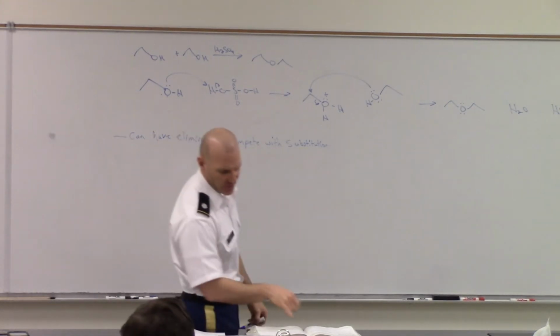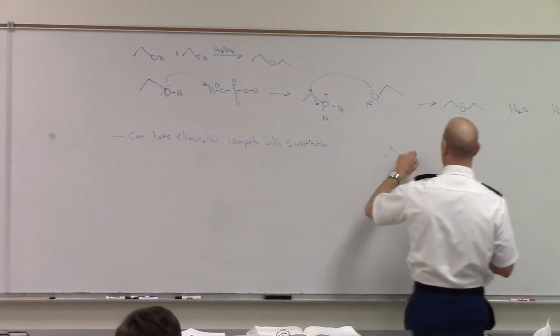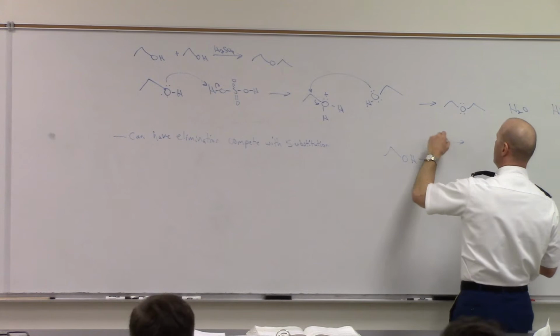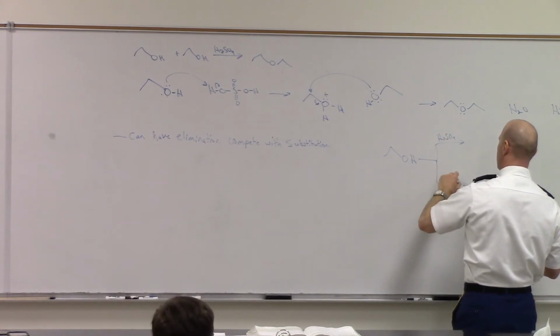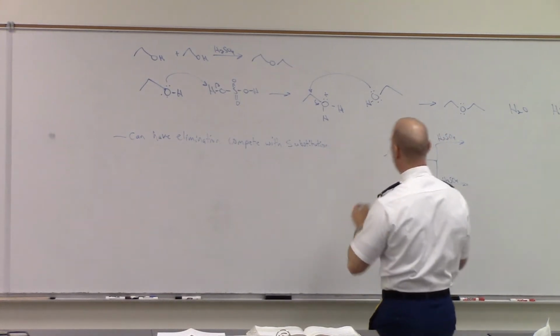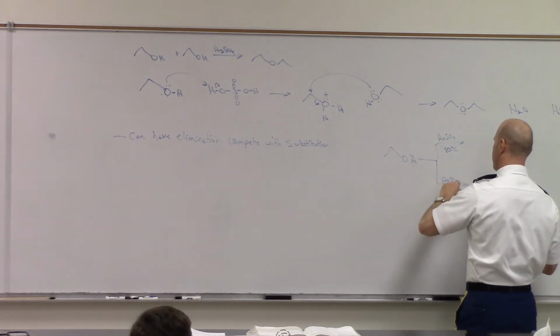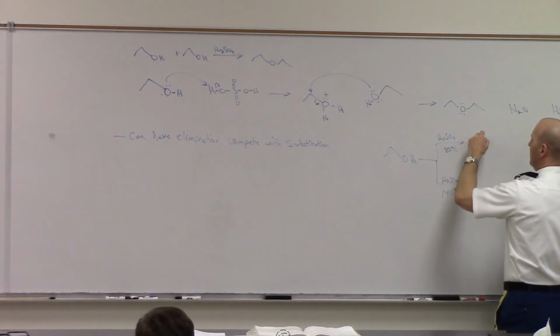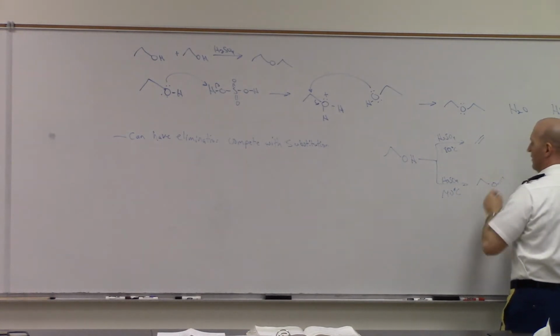As a matter of fact, the book shows you that. They show you if you have the alcohol, even using the same acid, sulfuric acid, it's only a difference of a few degrees, like 180 degrees and 140 degrees Celsius. Here you get the alkene, and then here you get the ether.